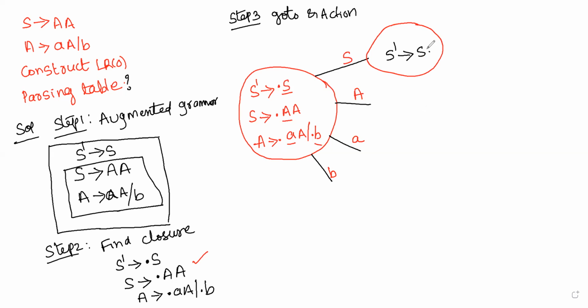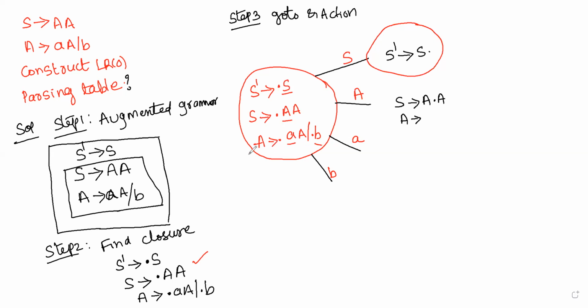So the dot moves to the next position. It is going to move one dot after any value. Suppose the next value is S tends to dot AA, then I am going to have A dot A. Remember, after that we have one more production called A. So now I am going to write the A productions in the given problem.